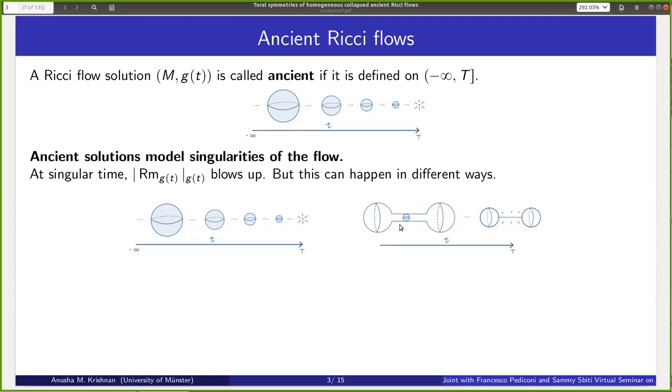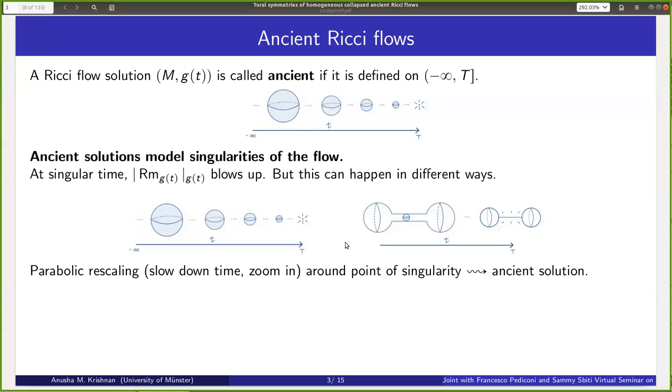Okay, so for understanding exactly what is happening at the singularity time of the flow, the technical procedure to do this is called parabolic rescaling, where what you're doing is slowing down time and zooming in space around the point of singularity.